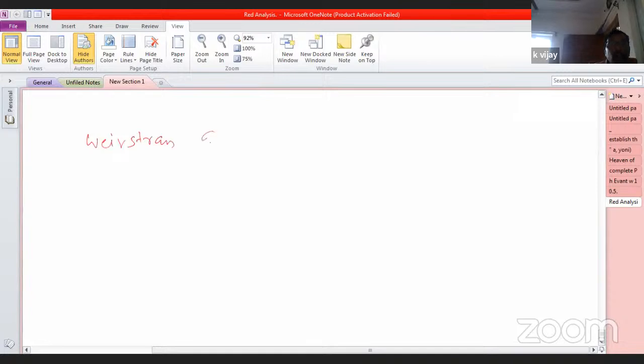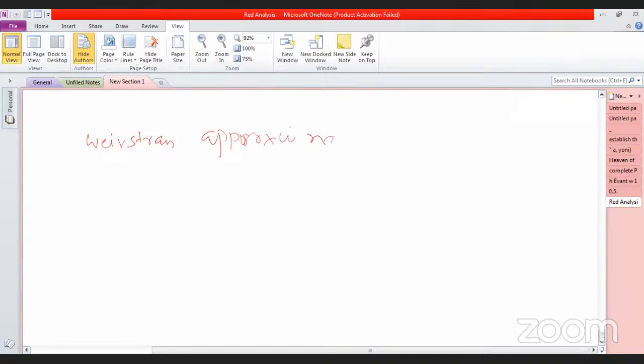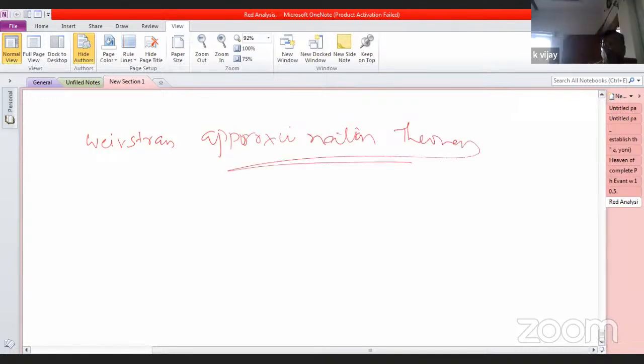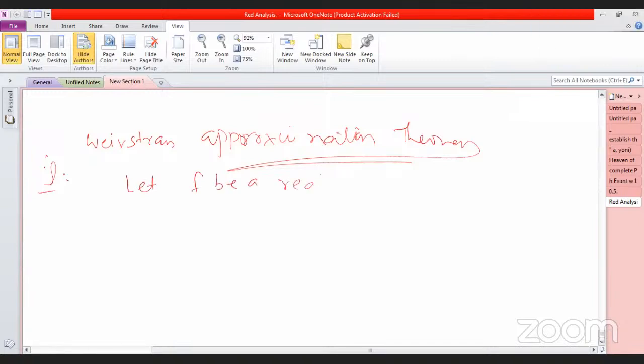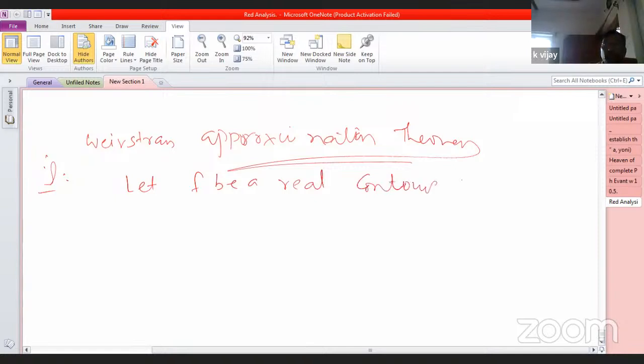Weierstrass approximation theorem. The statement I made here: let f be a continuous function on [a,b] and delta greater than 0.